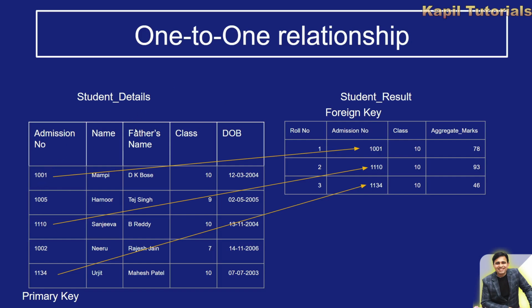In this table, student details, the students are from different classes, you could see here under the class. But in student result, I am only showing the result of 10th class. So it has a one-to-one relationship because admission number is not repeating. In one class, it will not repeat. So it has a one-to-one relationship.